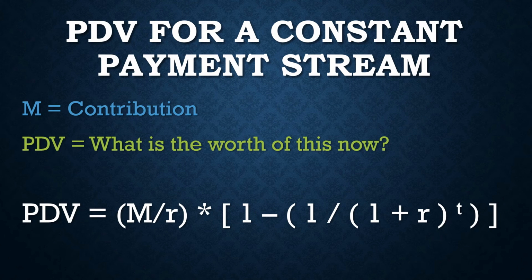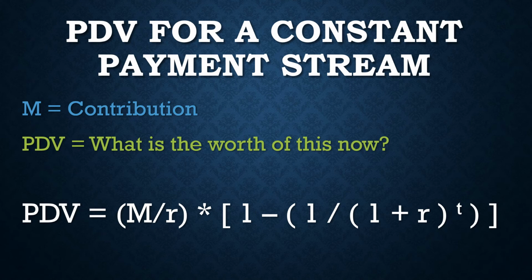If you have a constant payment stream that is occurring on into the future, we want to look at how much that is worth in today's terms. So we can look at our now variable m, which will be this continual contribution that we get from this payoff.